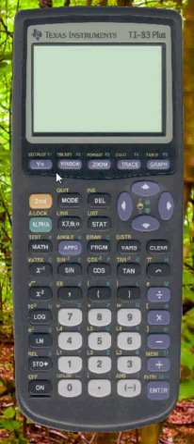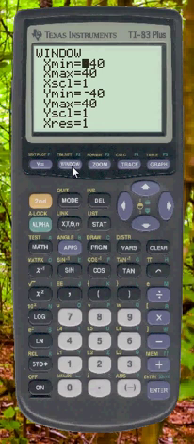I'm going to go back here to window. And this obviously is not working, so what I'm going to do is for my minimum on X value, I'll put negative 100. And then for my maximum, I'll put positive 100. And the scale will still be 1.